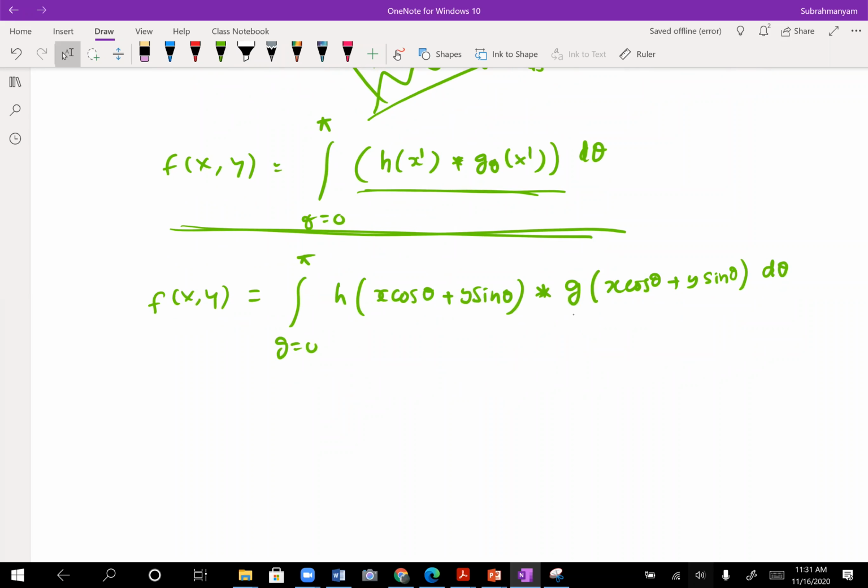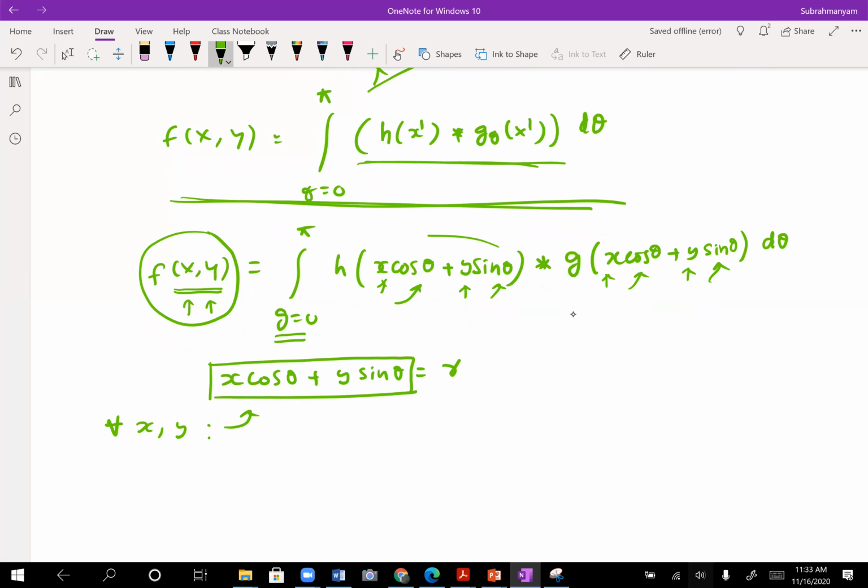Very carefully pay attention here. Suppose x cos theta plus y sin theta is equal to some constant r. You assume that x cos theta plus y sin theta is the parameter that you have inside. For a particular theta, what will be the set of x y points for which x cos theta plus y sin theta is constant?